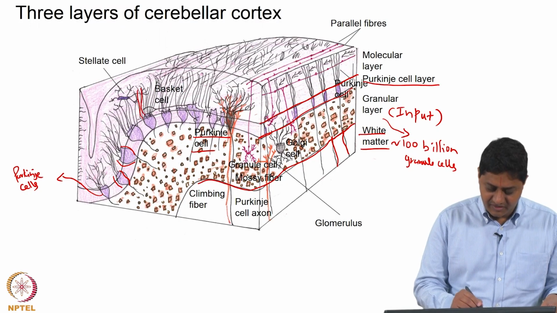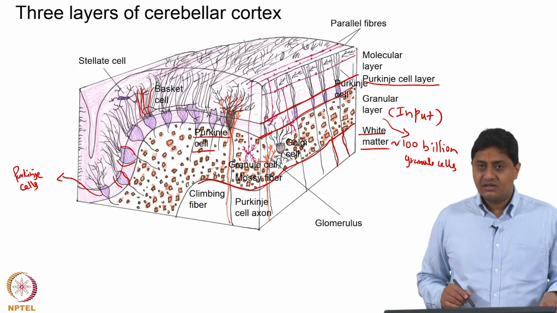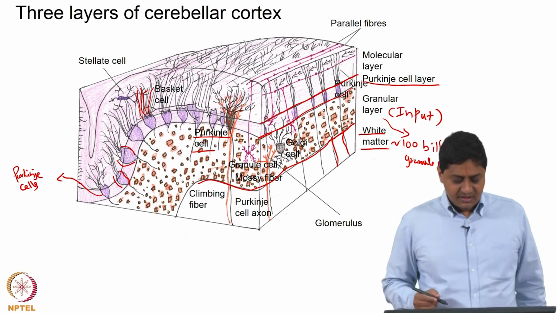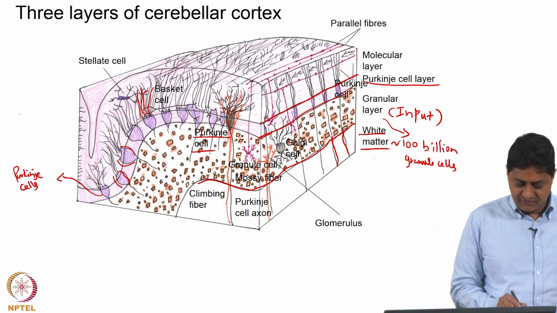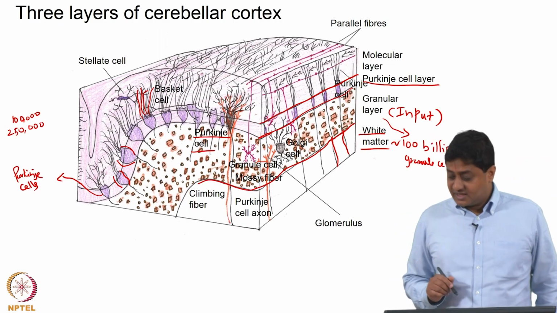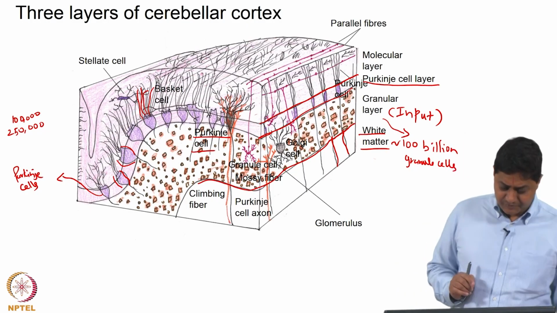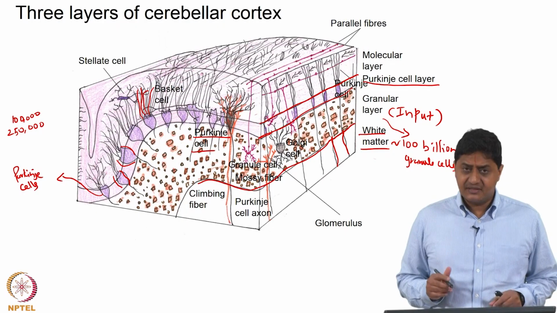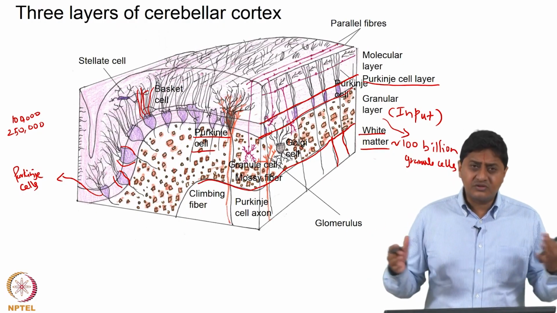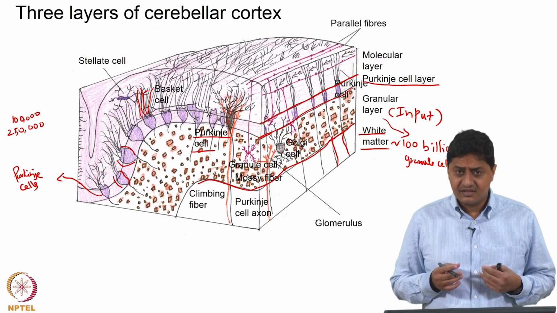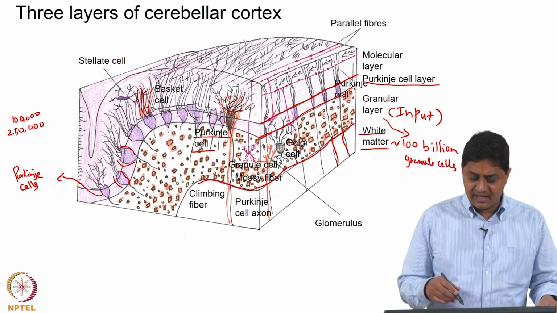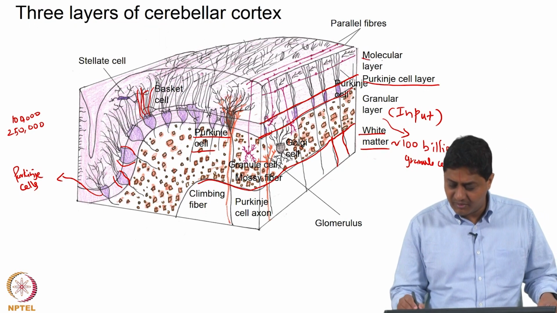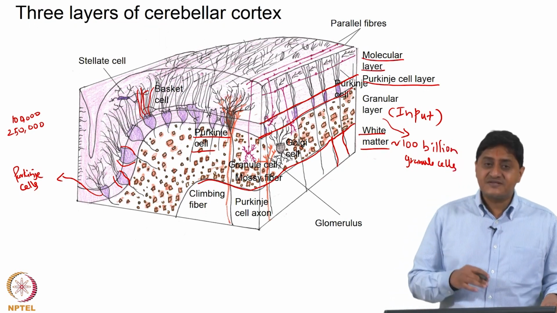Each Purkinje cell can have anywhere from 100,000 to about 250,000 dendrites, which is a large number, and these dendrites are in the layer above, the molecular layer.